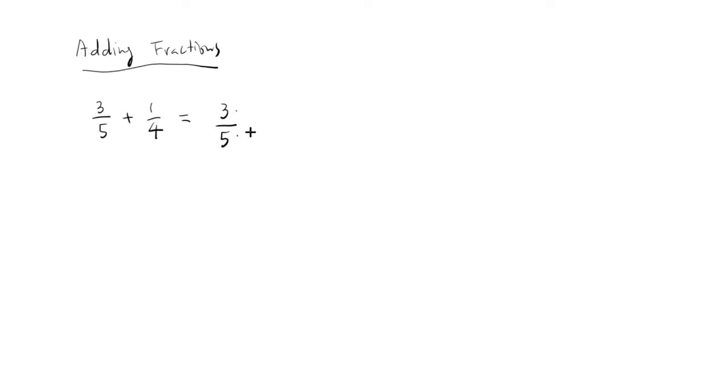So we have 3 over 5, we multiply 4 top and bottom, 4 times 5 is 20, plus 1 over 4, and then for this second one we multiply 5 top and bottom, 5 times 4 is 20. And if you do that, you end up with 12 over 20 plus 5 over 20.